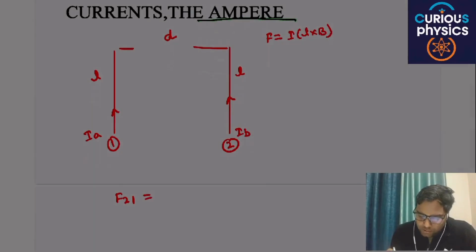Here the first aim is to find the value of magnetic field at a distance D. According to Ampere circuital law, if this current IA is passing through this wire, then at a distance D, what will be the magnetic field? The magnetic field will be mu naught IA divided by 2 pi d.